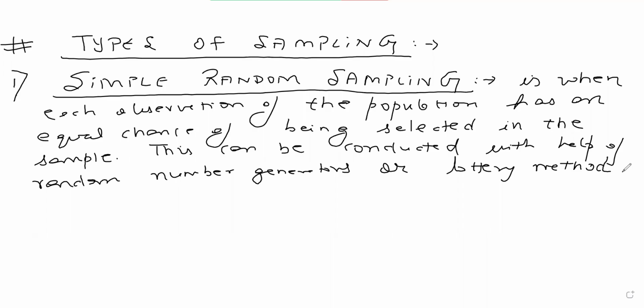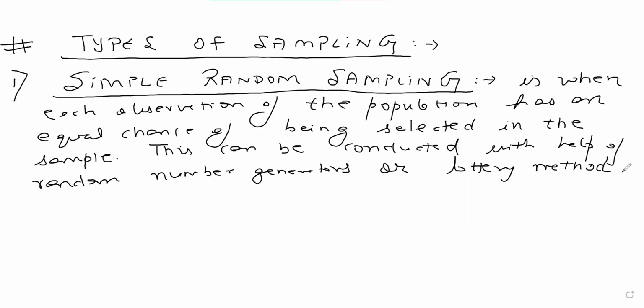So basically, if I sum up, simple random sampling is that method of sampling where each item of the population has an equal chance of being selected. So I can say that this is one of the most unbiased methods of sampling, because you are not biased to any observation of the population. That is why every observation has an equal chance of being selected.